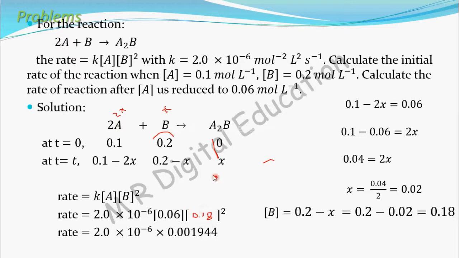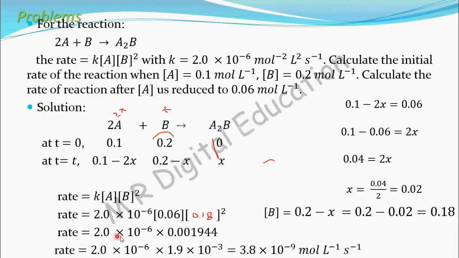All this procedure was carried out to find this concentration of B, that is 0.18. Now simplify this one. 2 into 10 to the power minus 6. If you multiply 0.06 into 0.18 to the power 2, you will get 0.001944.